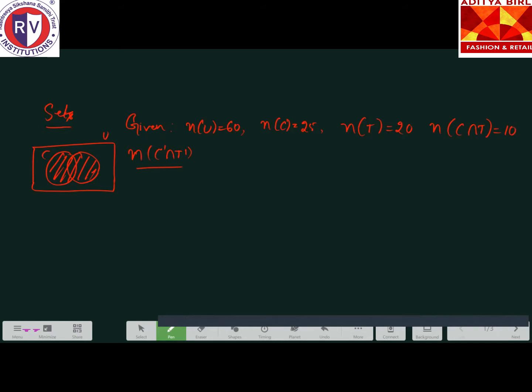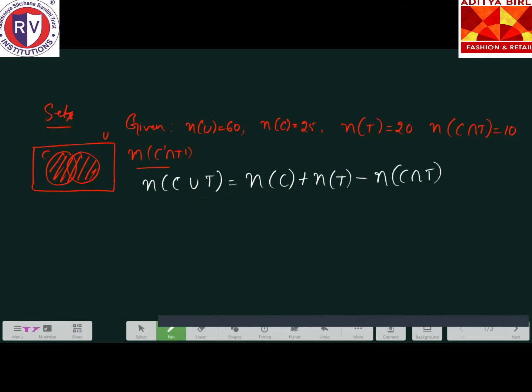So N of C union T is N of C plus N of T minus N of C intersection T.